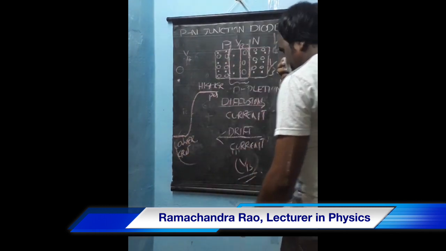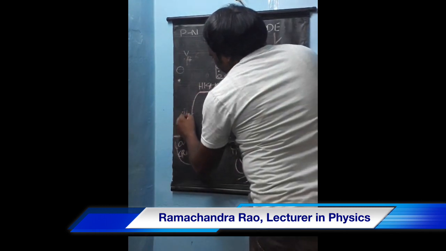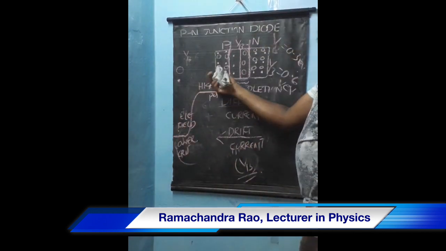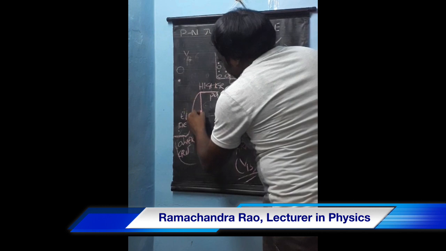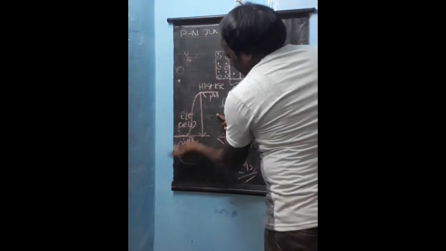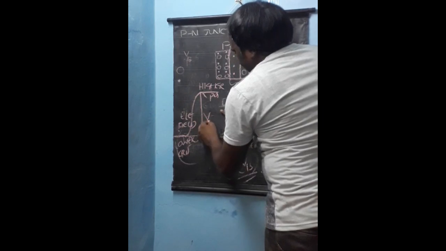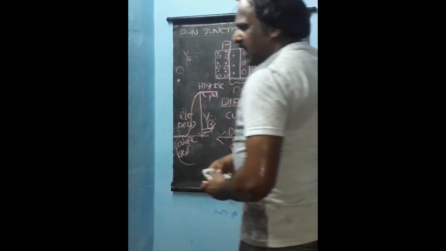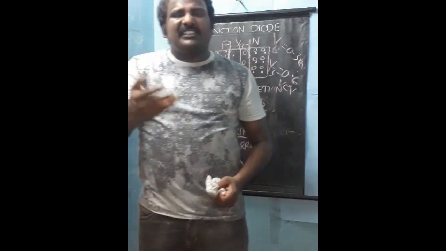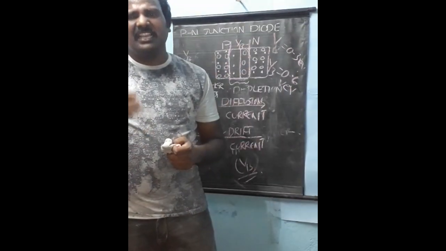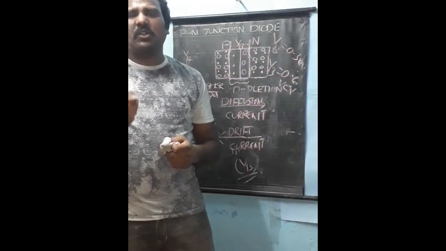By applying an electric field, it gives potential barrier, which means nothing but the difference between higher potential and lower potential. This gives a potential barrier. And already we discussed it. Potential barrier value for germanium is 0.3 electron volts, whereas for silicon it is 0.6 electron volts.